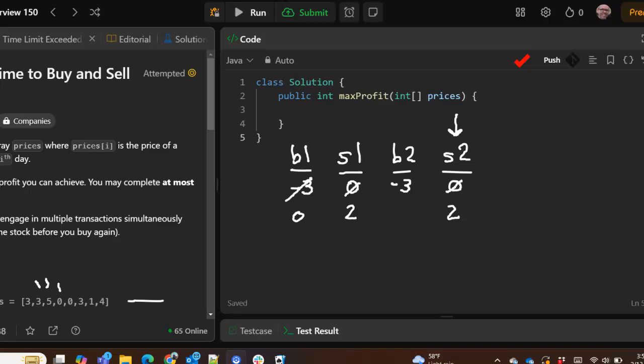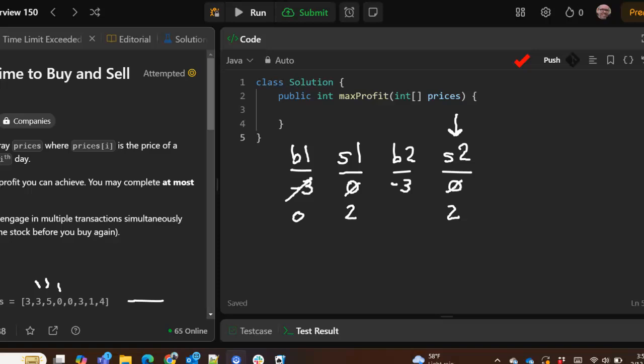How does that affect the sale, if at all? The first sell profit would then be the max of whatever it is now plus the current price. 0 plus 0 is 0, so we're going to leave that.